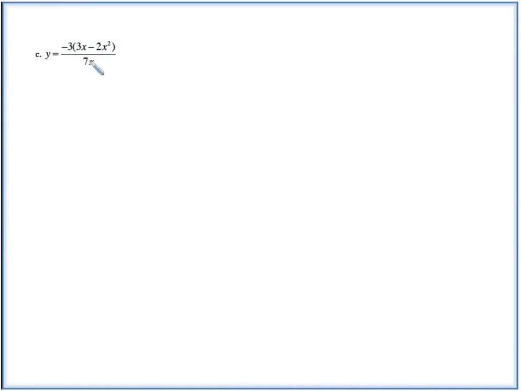In this case, we want to be careful that we can't simplify this before we use the quotient rule. So we always want to try to simplify first. Okay, so first we want to factor out the constant, so negative 3/7, and we're left with 3x minus 2x squared over x, because we took out the 3 and we took out the 7.